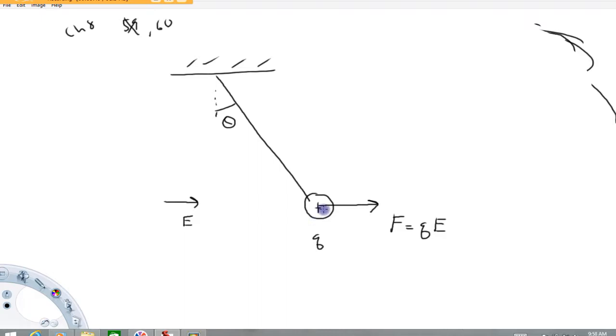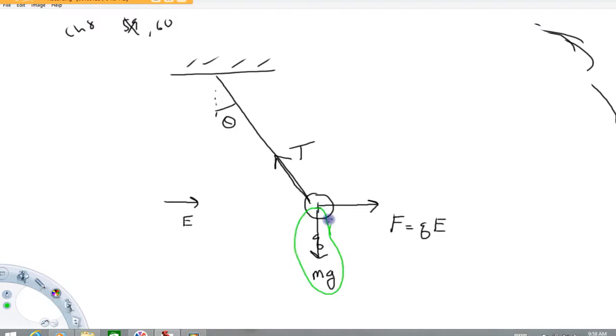Now, other forces acting on this object: there's a string or a rope attached to it, which creates a force we would typically call tension, acting in this direction. And this thing has some reasonable mass, so there's a gravitational force, mg, that acts down.